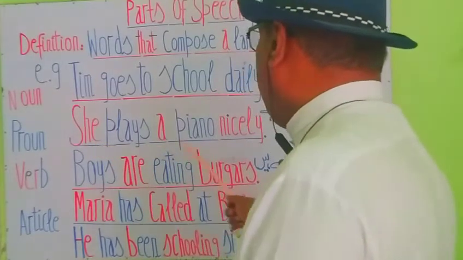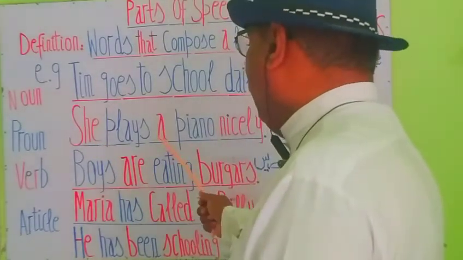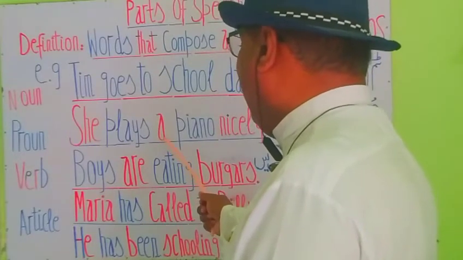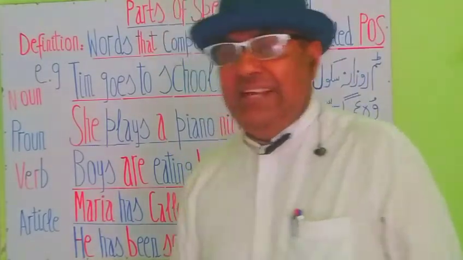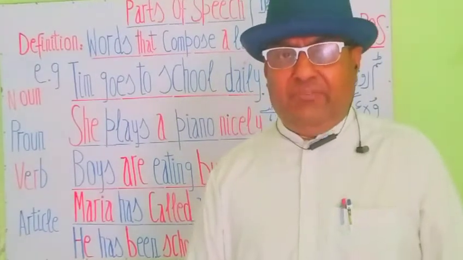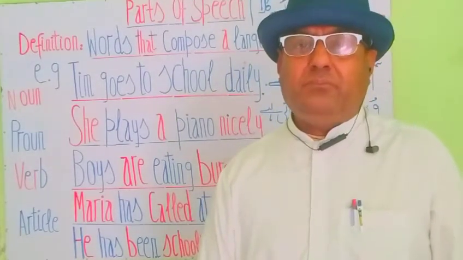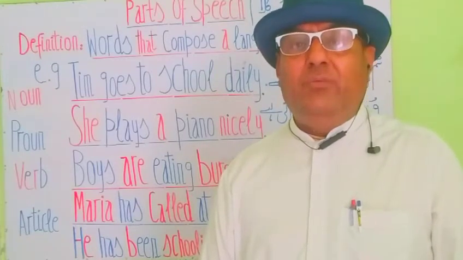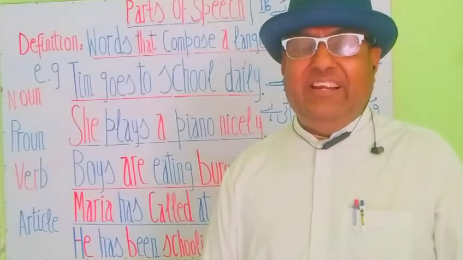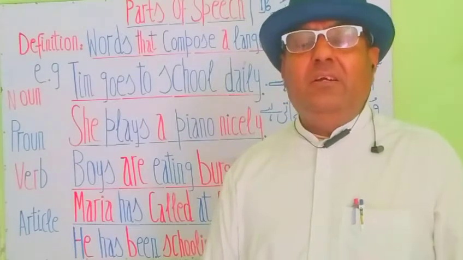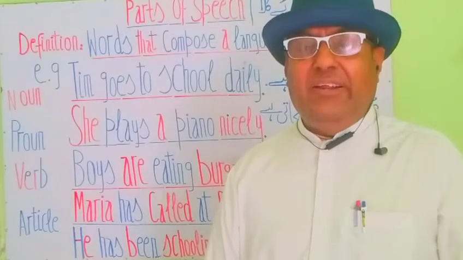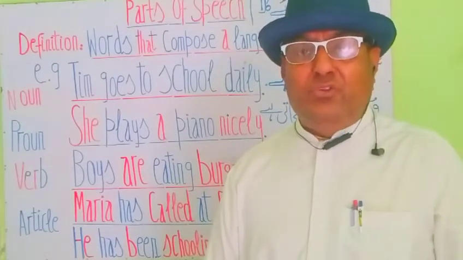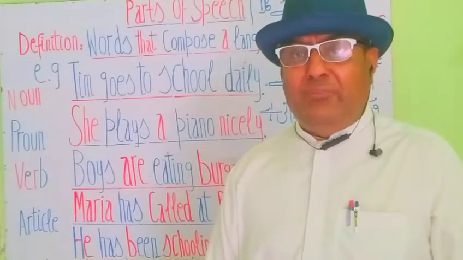She plays a piano nicely. Here we have a. A is an article. We have the definition of article: articles are used before a single noun to show their relation with other nouns and pronouns. Articles a and an are used with single countable nouns.